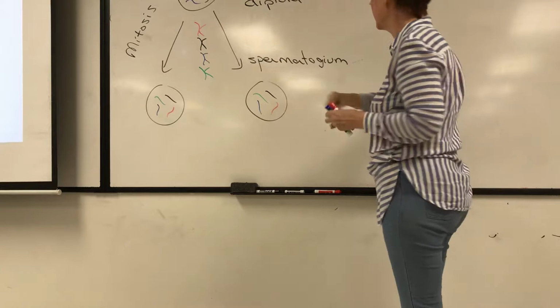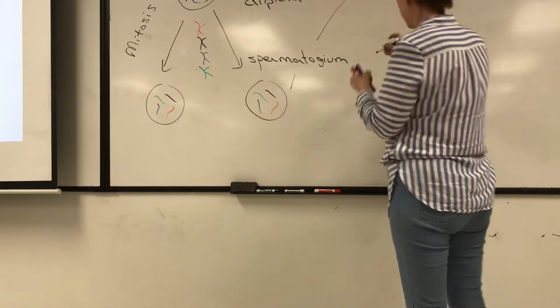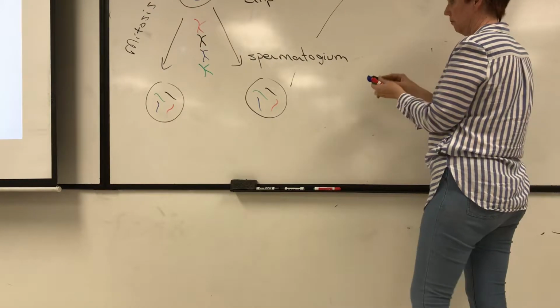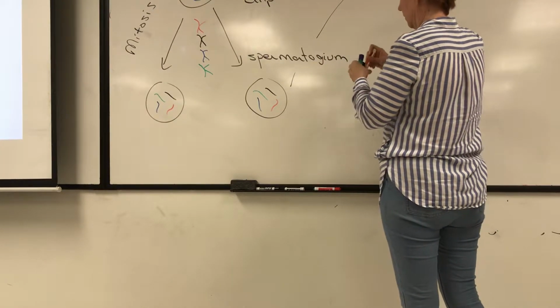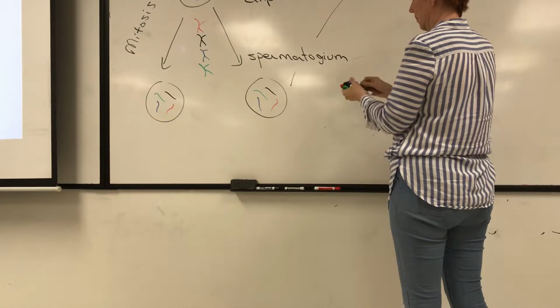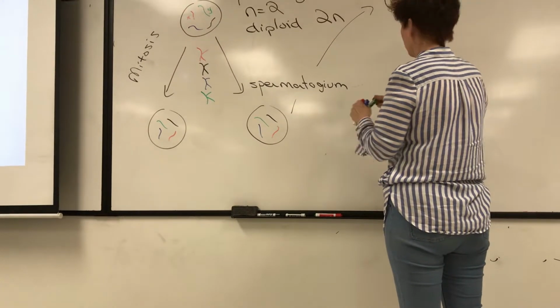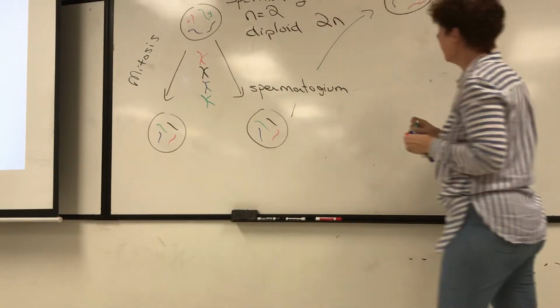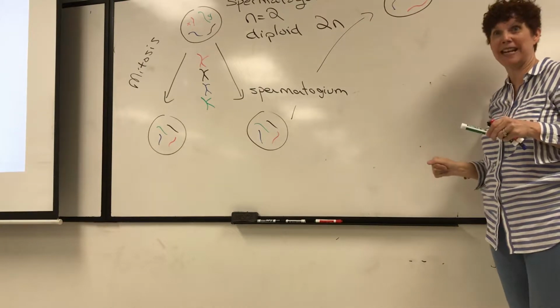Okay, so we'll take one of these. And it's going to have the same chromosomes that it does down here. All right, and now it's going to become a primary spermatocyte.